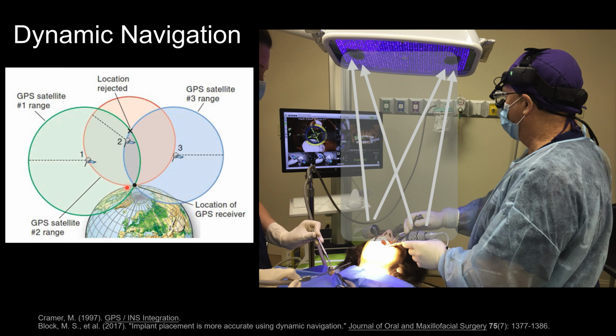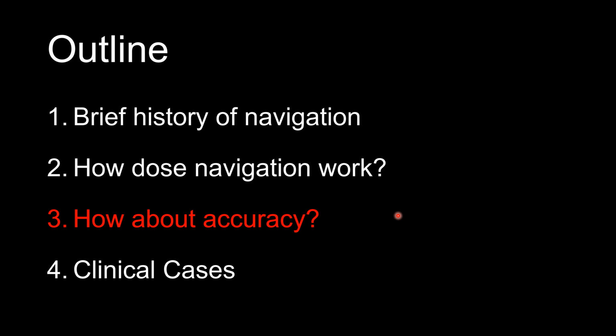The radio wave will reach your cell phone, like satellite number 1, number 2, number 3, and your cell phone gets three of these radio waves, and they can position where you are. So the dynamic navigation of endodontics also works like this. This kind of LED light will hit the patient tracker here and go back to the camera here, so they can know where the tracker is.